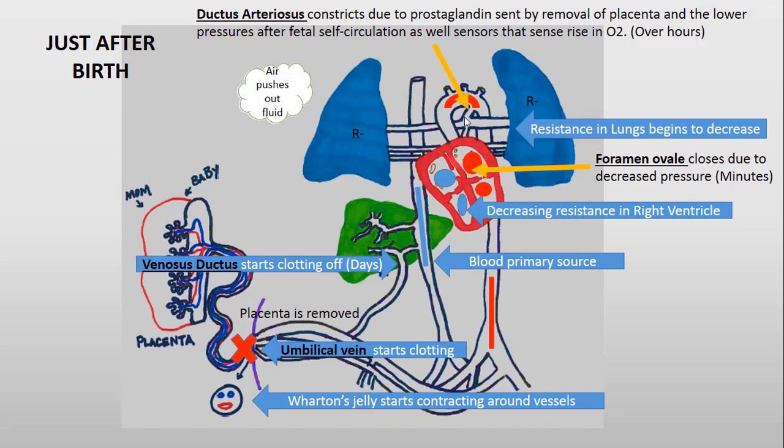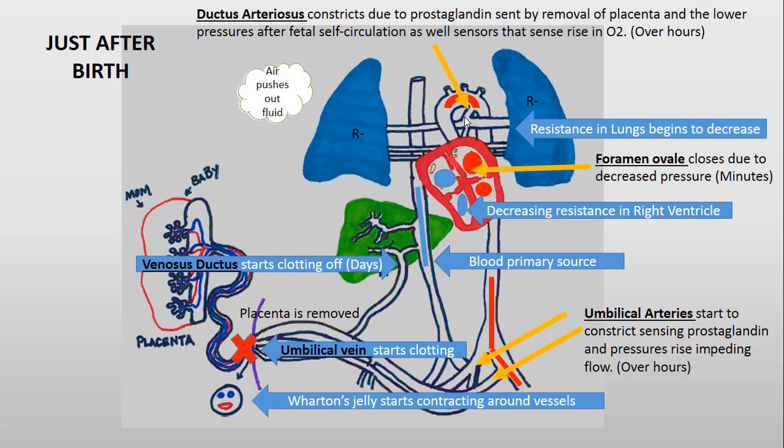So the circulation continues as it would be with you and I into the iliac arteries and down through the umbilical arteries. Now there's a pressure resistance because the umbilical arteries start to clot off. They also start to constrict because of that same prostaglandin that is sent out when the placenta is removed.